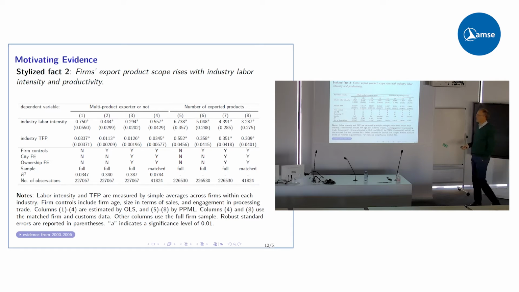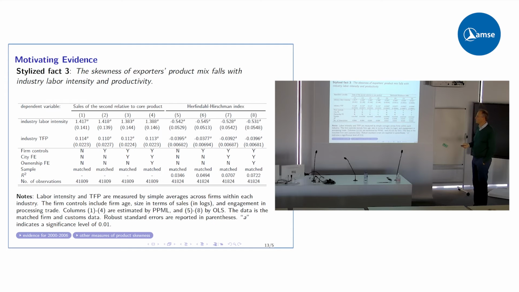It would have shown that, once more, in sectors in which firms are on average more productive and more labor intensive, you have a larger number of products exported. So it is easier to export in these sectors, also at the micro level within firms.